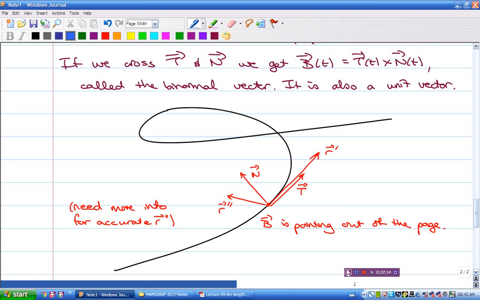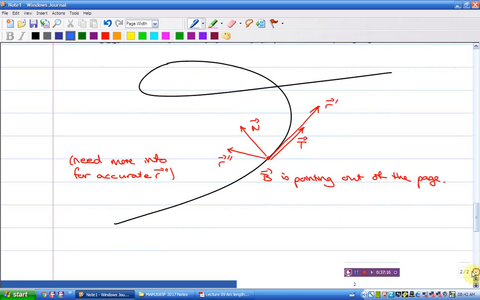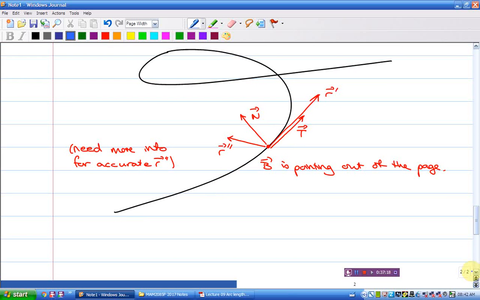Okay, so the osculating plane. Let's give a slightly more formal definition. Osculating plane.